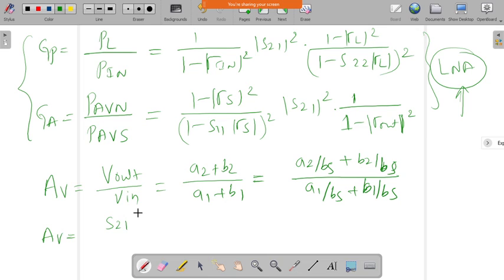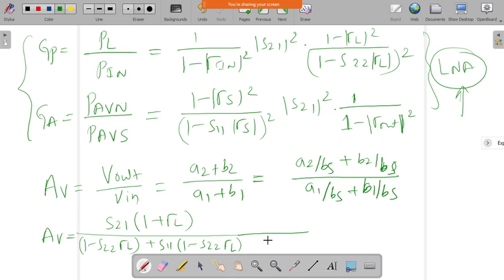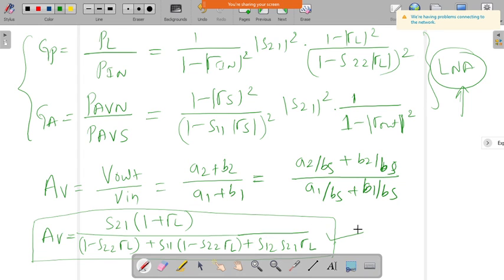So remember this expression: S21 (1 plus gamma L) divided by (1 minus S22 gamma L), plus S11 into (1 minus S22 gamma L), plus S12 S21 gamma L. So this is the expression for the voltage gain in general, in terms of the S parameters and the load.